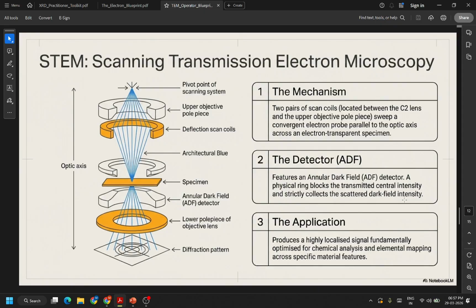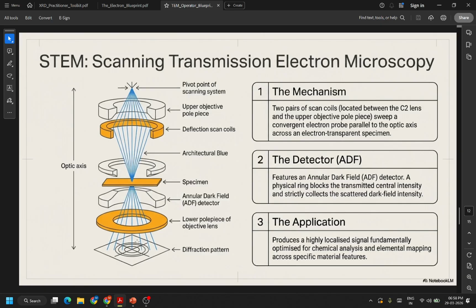Two pairs of scan coils located below the C2 lens and above the objective pole piece sweep a convergent electron probe parallel to the optic axis across an electron transparent specimen. So the scan coils deflect the beam so it can be scanned across your specimen.